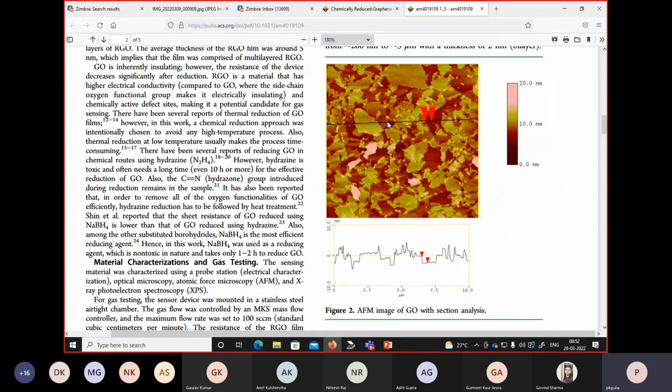So this black line is where we are scanning the sample. And you see this color profile gives you the height of the sample, 0 to 20 nanometers. Here I am looking at the height of my sample. So when I scan, I will get the height profile.